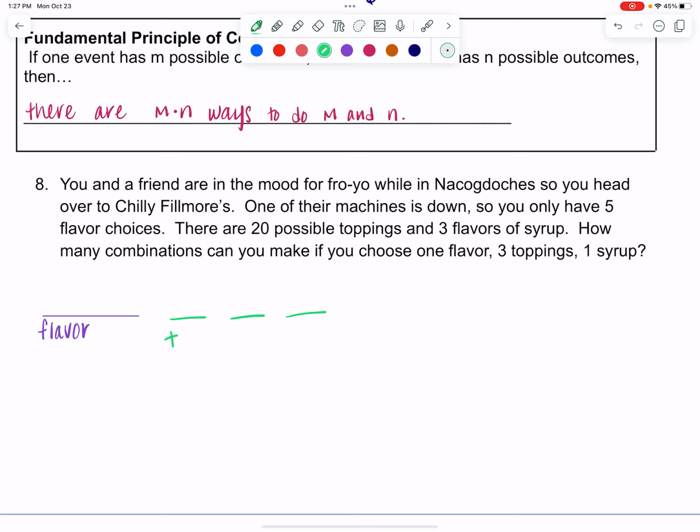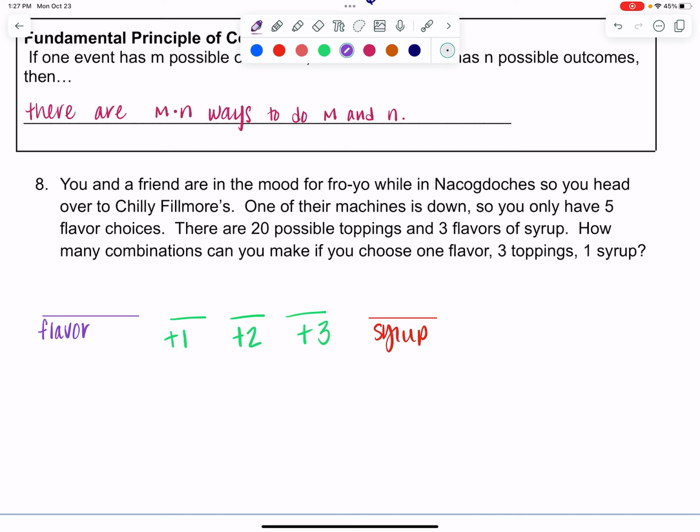We'll call this T1, topping number 2, topping number 3, and then we get to pick 1 flavor of syrup. Okay, the fundamental principle of counting says that if we want to choose 1 flavor, 3 toppings, and 1 syrup, we need to take the number of ways there are to do each of those things and multiply it all together.